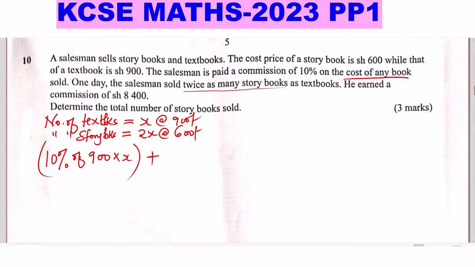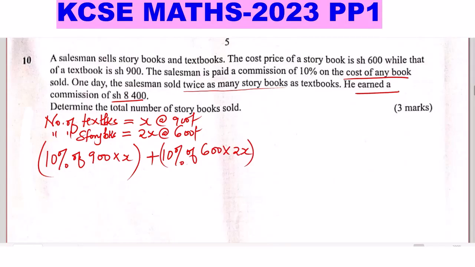Then we add, because we are given that he earned a commission of 8,400, that means it is the commission of the storybooks and the textbooks. For the storybooks, it is the same: 10% of one storybook, 600. That is the commission of one storybook. And the number of storybooks sold is 2x. So that will give us the commission for all the storybooks.